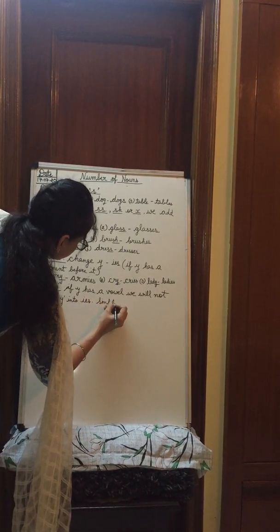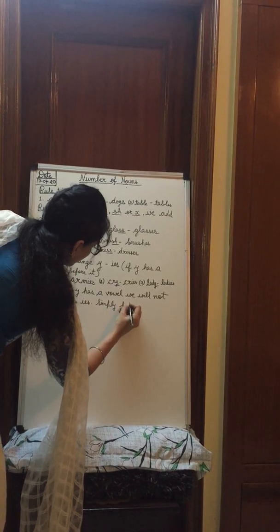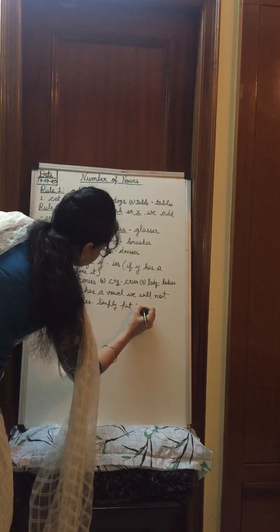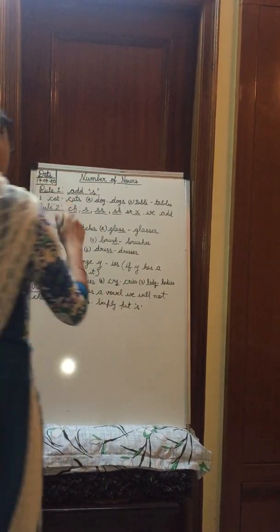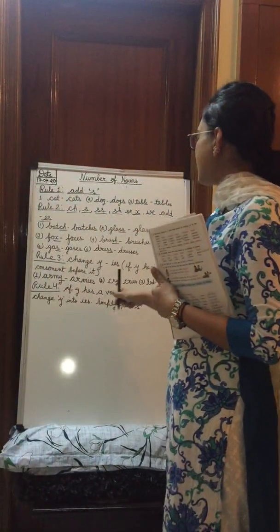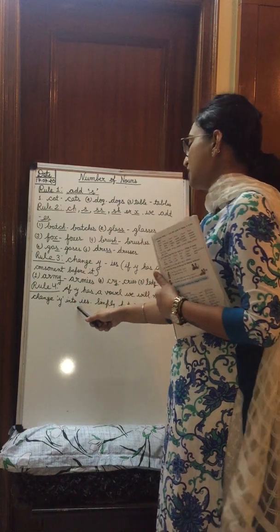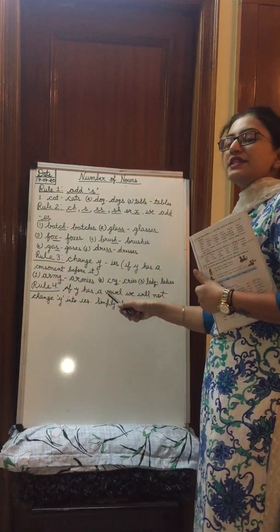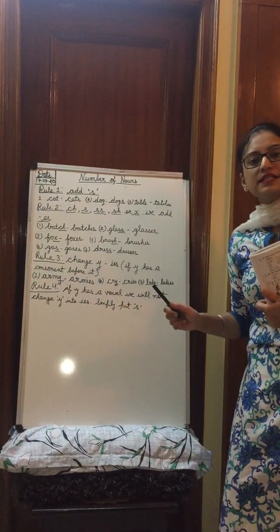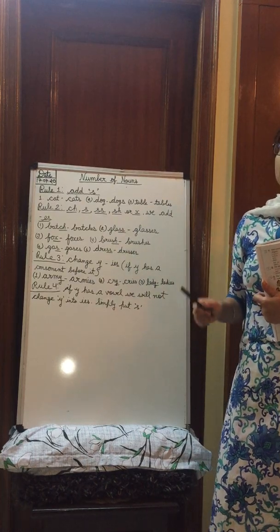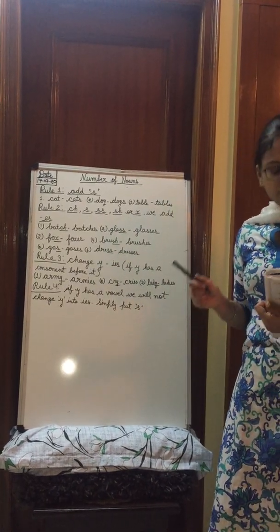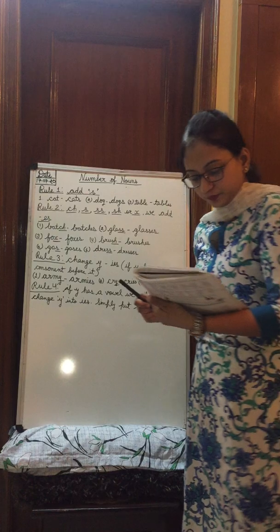Simply put S. If Y has a vowel, we will not change Y into IES. We will simply add S to the end of the word to make it plural. We will see some examples also.